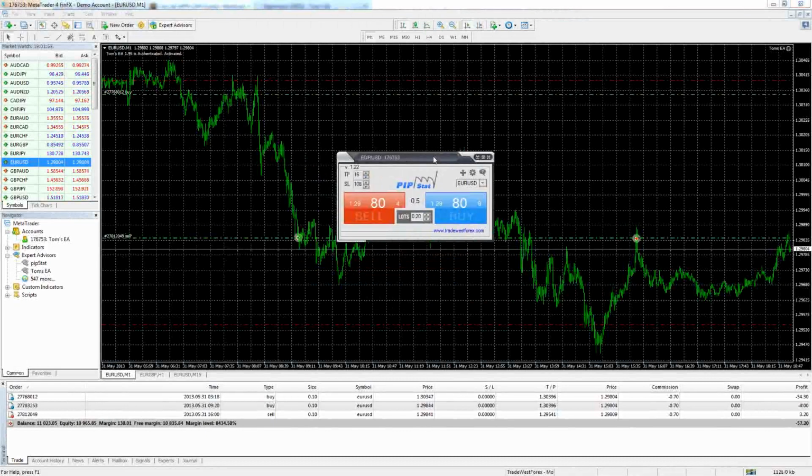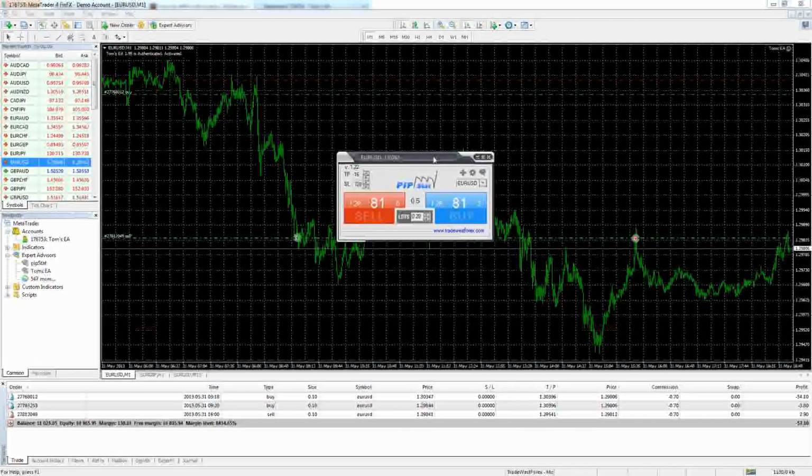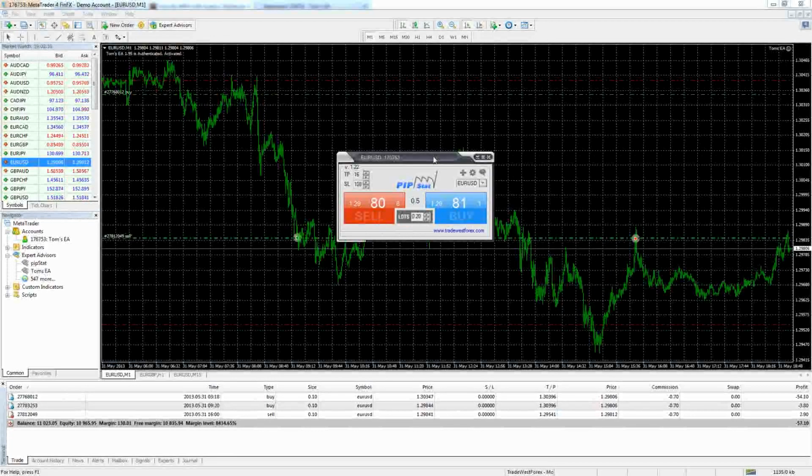So we showed you how you can do this with PipStat, and you're going to find, like I say, some systems aren't going to really work that well with PipStat because what they're designed for is their unique hedging strategy or money management strategy. And TomZA might end up being one of those that trying to manipulate its stops and targets, it might not make it better. I might be wrong.